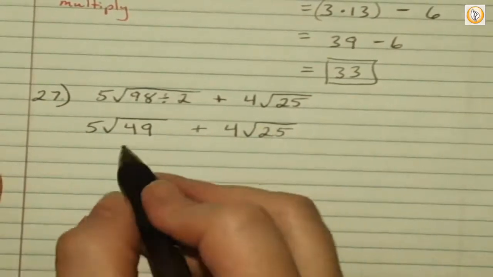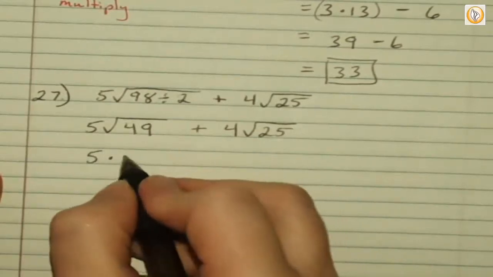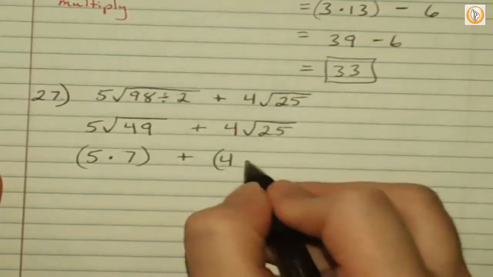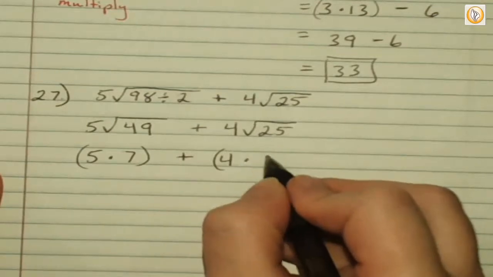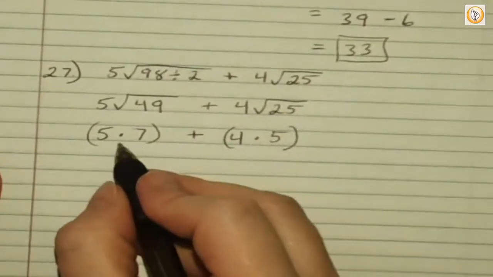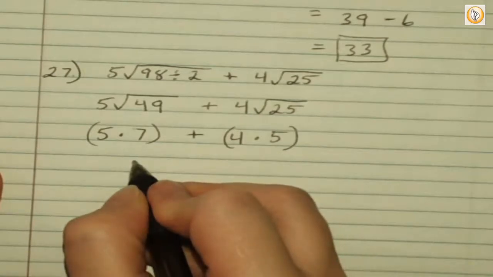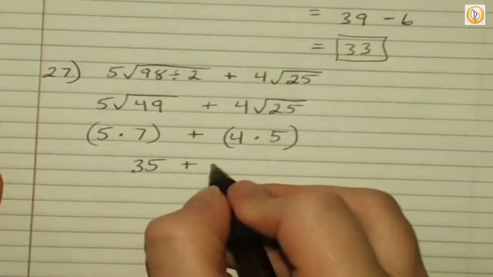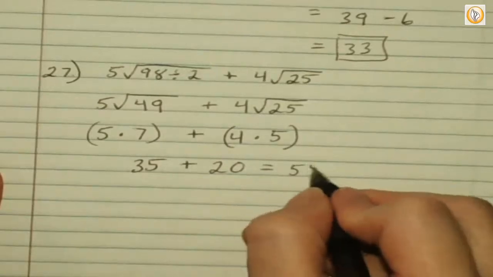All right, Taylor, what is the square root of 49? 7. So that plus 4 times what? 5. Very good. So Taylor, what's 5 times 7? 35. Plus, what's 4 times 5? 20. And 35 plus 20 is 55. Perfecto.